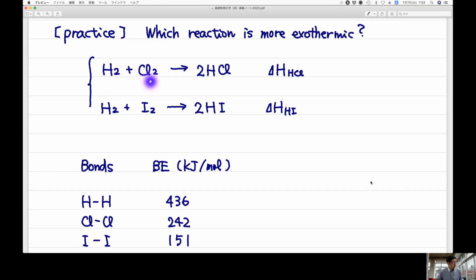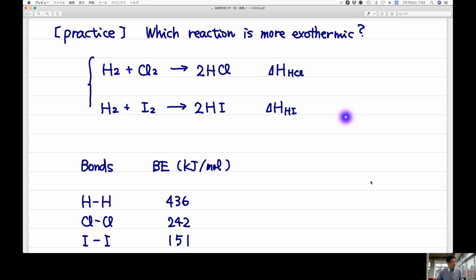Hydrogen plus chlorine produces hydrochloric acid. Hydrogen plus iodine produces hydroiodic acid. Which reaction is more exothermic?